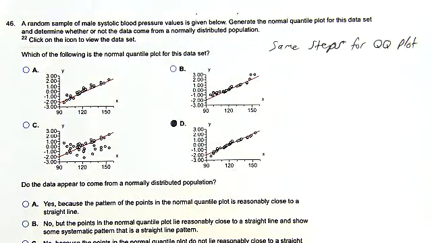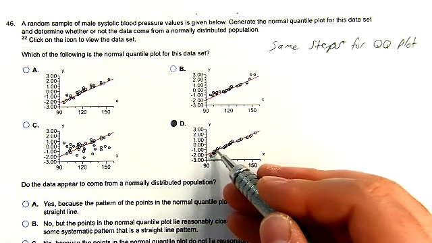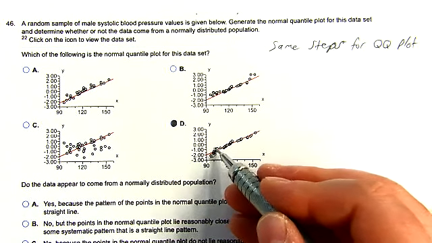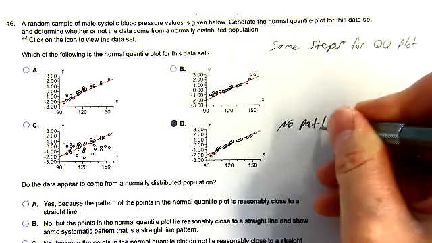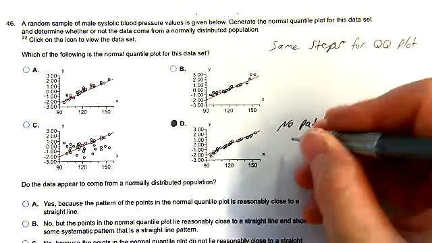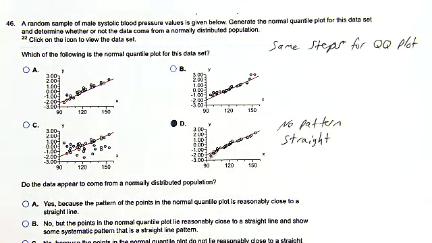And so now we can interpret. There's just a few dots over here that aren't on the straight line, but other than that, pretty much all the dots are really close to the straight line. Again, I don't see any pattern, so no pattern. It's very straight. So I think we'd all argue again that this is a normal distribution.